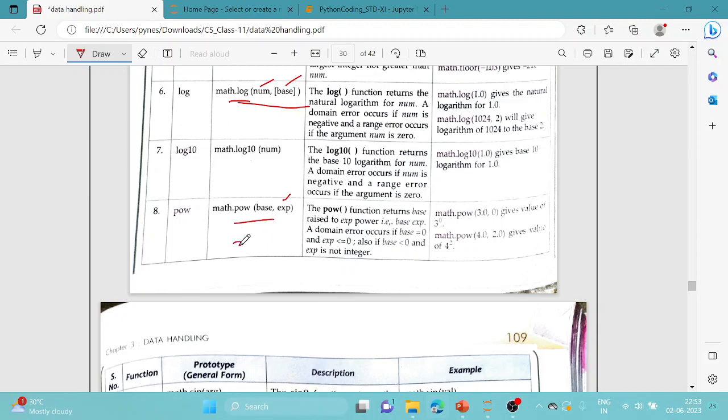If I want to find 3 to the power 4, in place of base I write 3, and in place of exponent I write 4. Like that I can get the value of 3 to the power 4. These functions are inside the math module, and we can use them to calculate values.